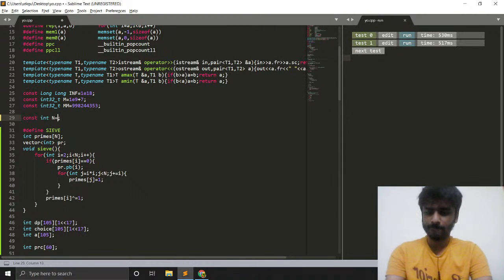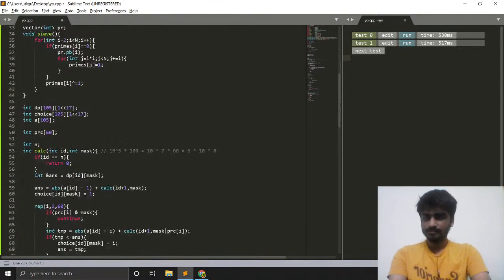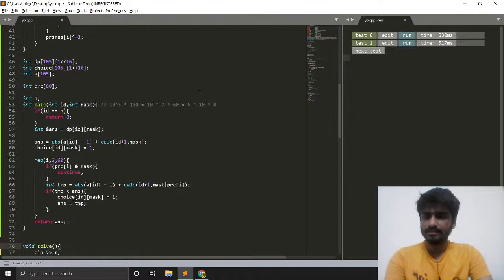We just need the primes smaller than 59, and since 59 is a prime, our mask will improve. So we've kind of halved the time complexity of this thing.